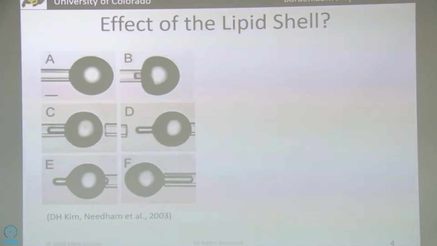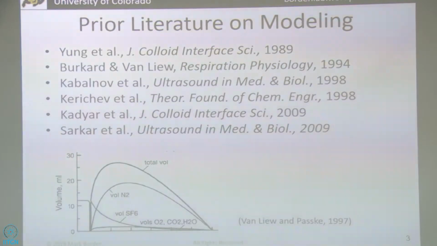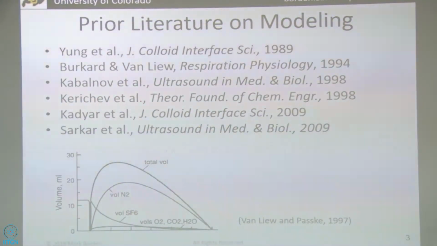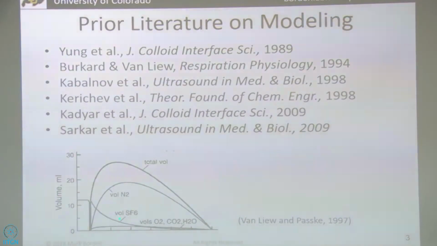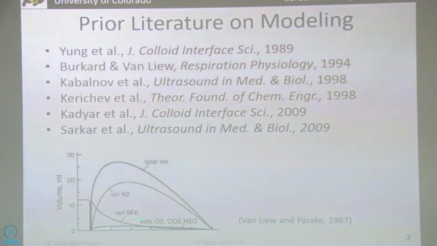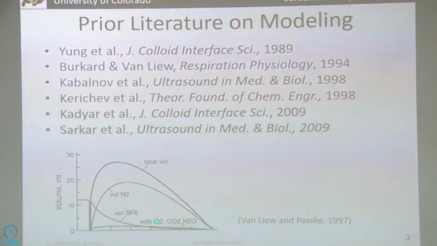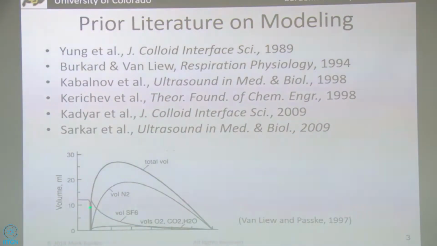Let me shoot back for just a second and show you this. This shows what's expected for an SF6 bubble that's suddenly injected into blood. The total volume is shown here.